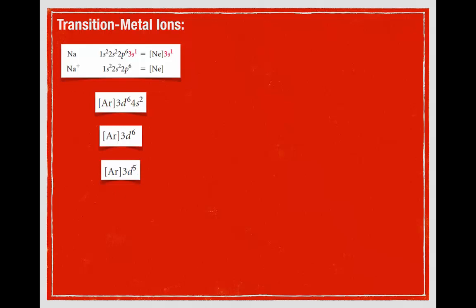And so the d orbitals create the opportunity to lose more than just one set of electrons. So for example, iron could lose 2 valence electrons to have a +2 charge and have a 3d6 left over, or it could lose 3 electrons and have 3d5 left over. And so both of those occur.